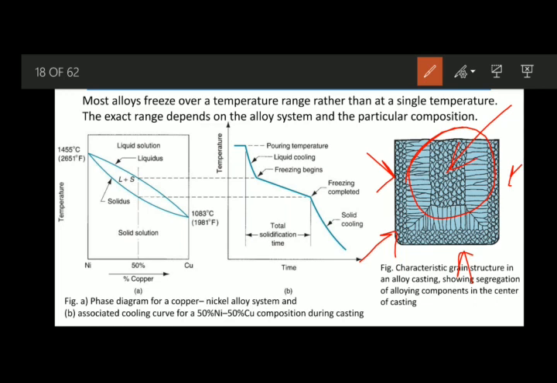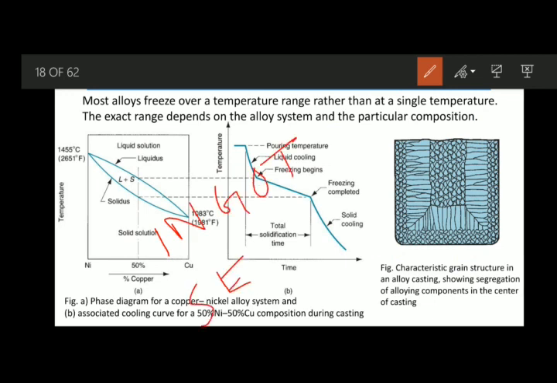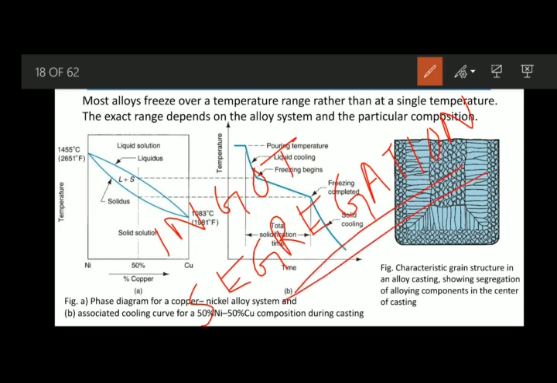Segregation of different elements is a phenomenon prevailing in the solidification behavior of alloys, and this is sometimes known as ingot segregation. So this is the basic difference between solidification of pure metal and solidification of alloys.